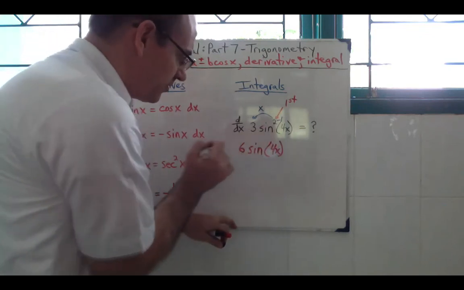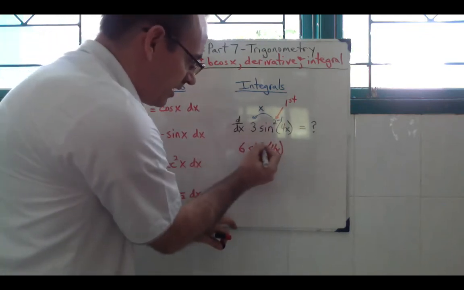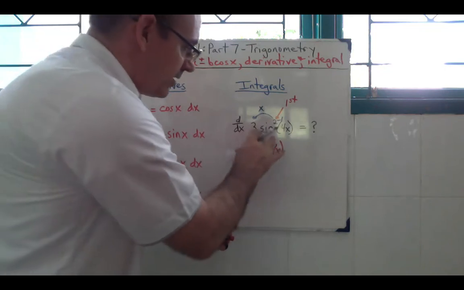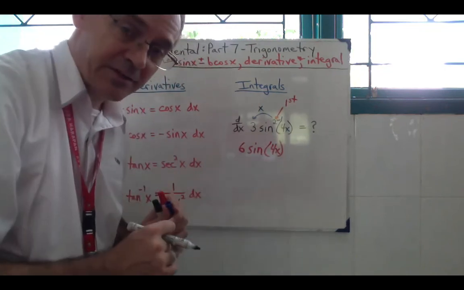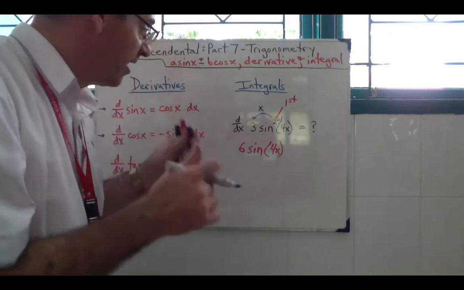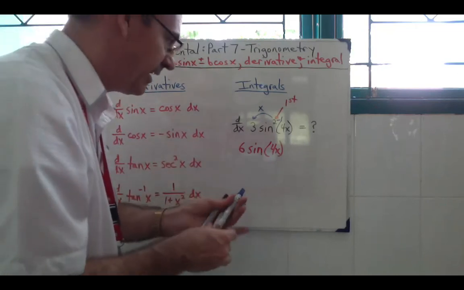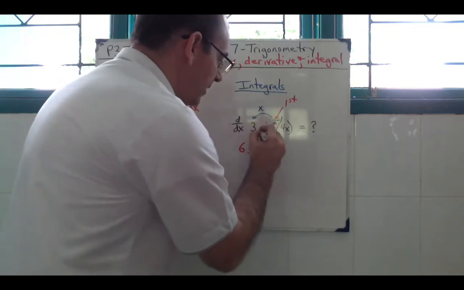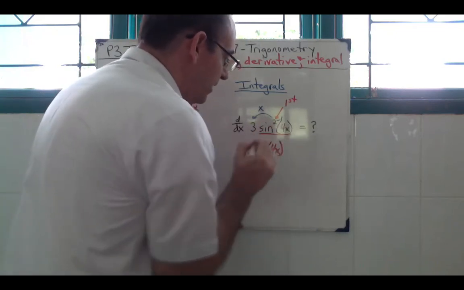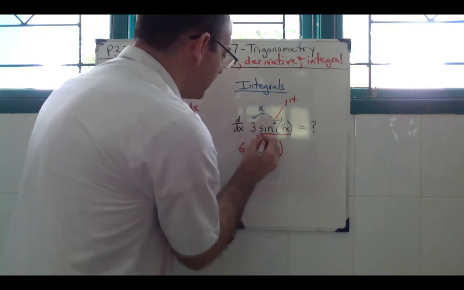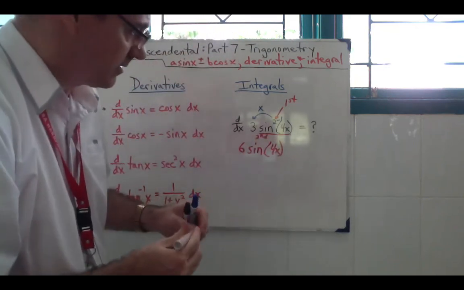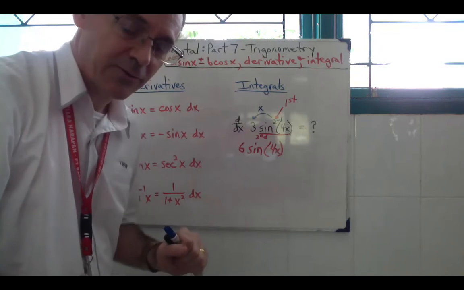And so 2 times 3 is 6, 2 minus 1 is an understood 1, and the trig function does not change for the exponent step. Then the second thing that we want to do is the trig function itself. This is the second thing that you want to look for.